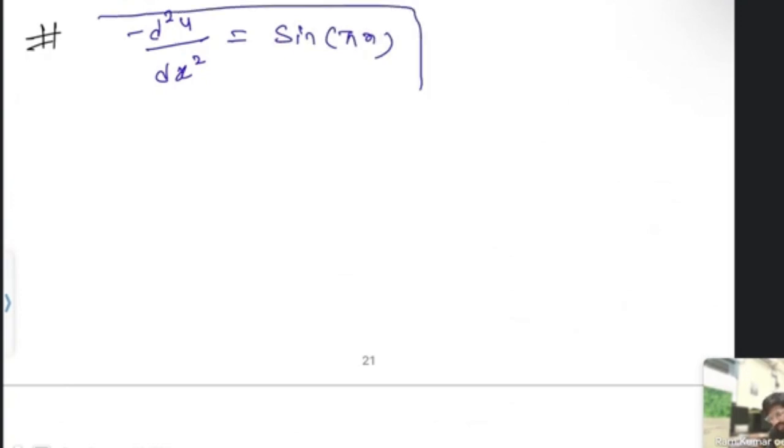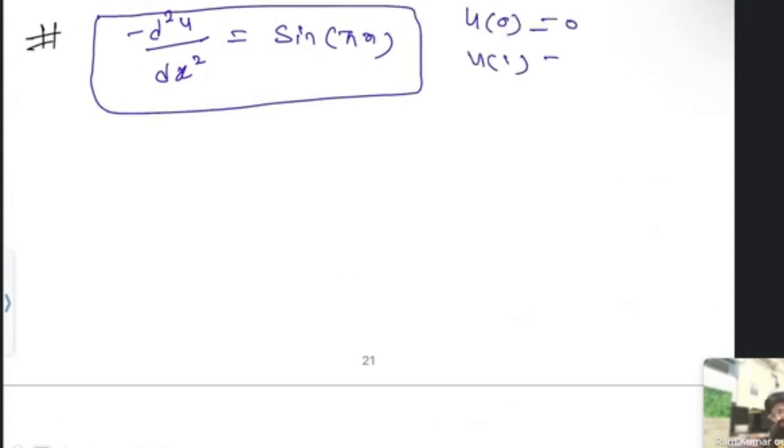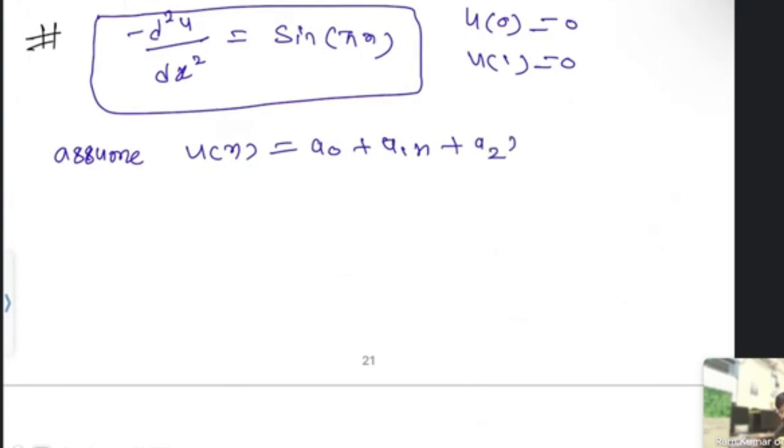This is our second order differential equation, and we have boundary conditions: u at 0 equals 0, and u at 1 equals 0. Now I will assume u(x) equals a0 plus a1x plus a2x² plus a3x³ plus and so on.